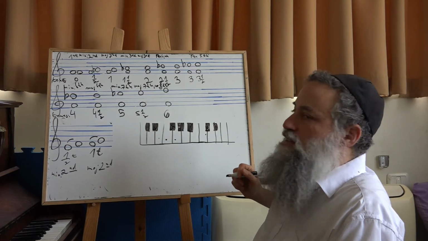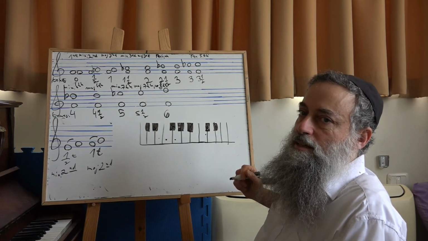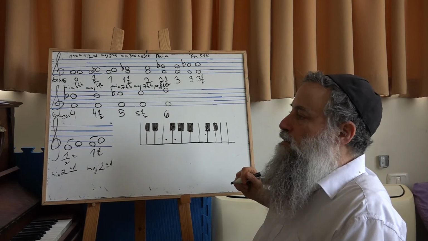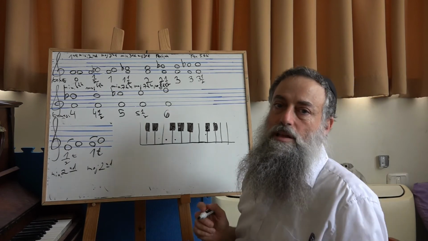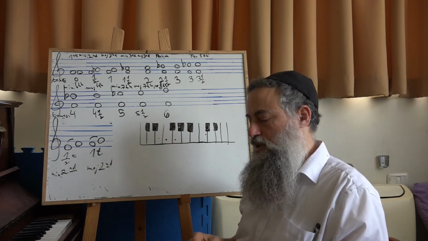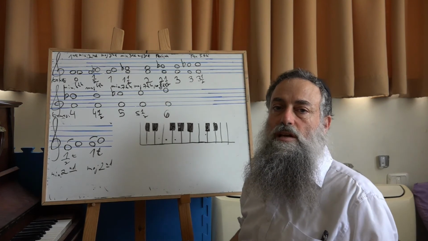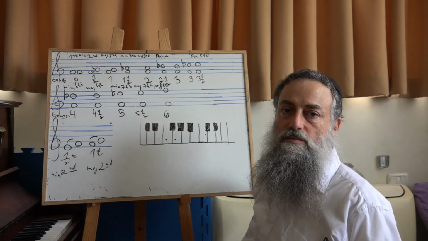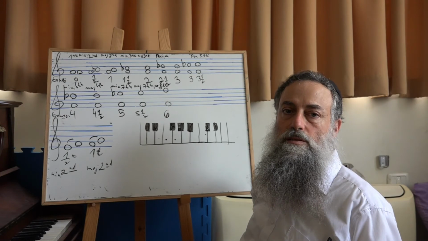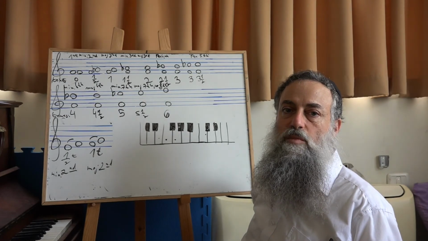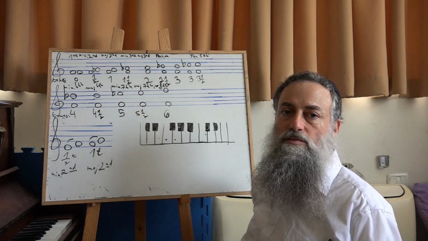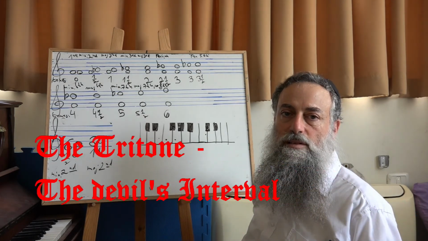Now the tritone has always been a problematic interval, historically also. There was a period, actually in the Middle Ages, in which this interval was considered as demonic, as the interval of the devil.